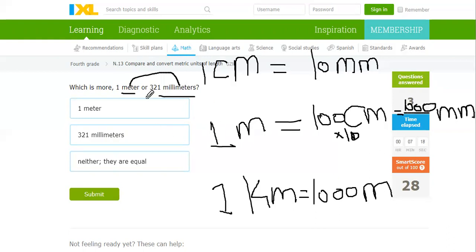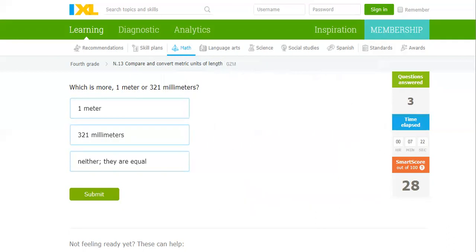So which is more, 1 meter or 321? 321, no, you don't agree. 1 meter, or they are equal? No, you mean to choose 1 meter? Brilliant. Great. I will stop now.